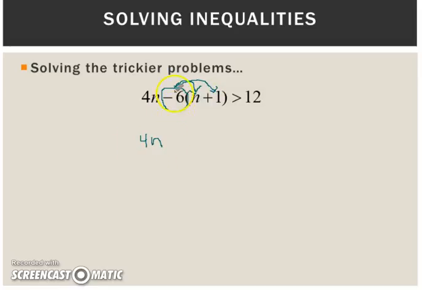So 4n, negative 6 times n is a minus 6n. Negative 6 times a positive 1 is a minus 6 is greater than 12. So if you've got that subtraction, think of it as a negative number so you have the right sign there. And then 4n minus 6n is a negative 2n minus 6 is greater than 12.